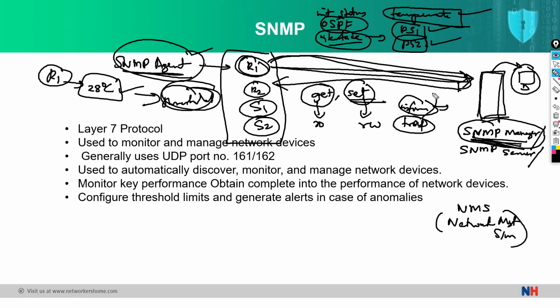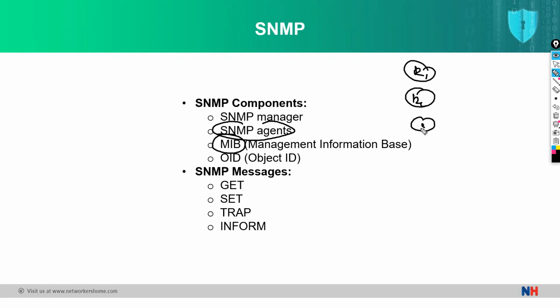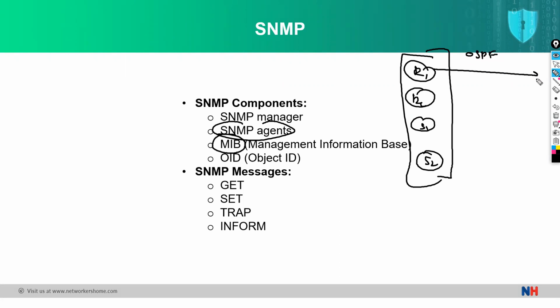So this is how SNMP will work. We will have an SNMP manager, and the SNMP agents will be present in the networking devices. The agents will have something called the MIB, the management information base. As I have drawn in the diagram here, R1, R2, S1, S2, etc., these devices will have multiple pieces of information. If this router is sending OSPF related things, those need to be sent.